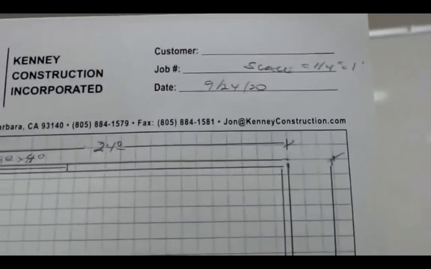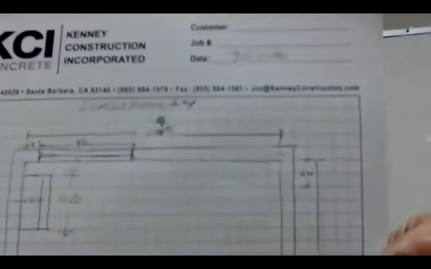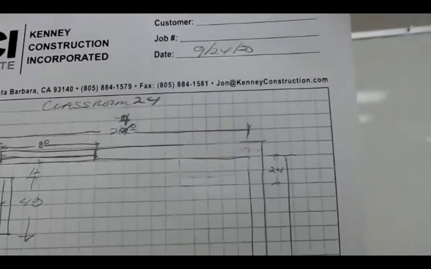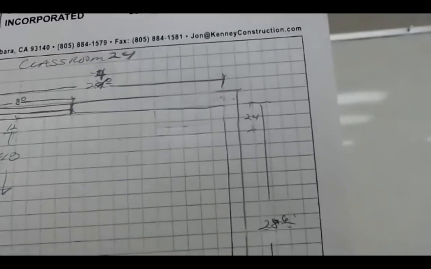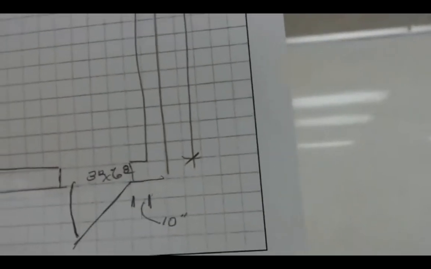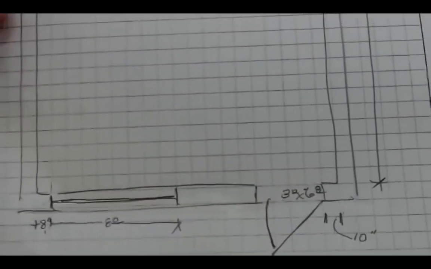But sketching and dimensioning, you can do pretty quick. See, I changed that to 24:0. There's the doorway. That's my sketch.